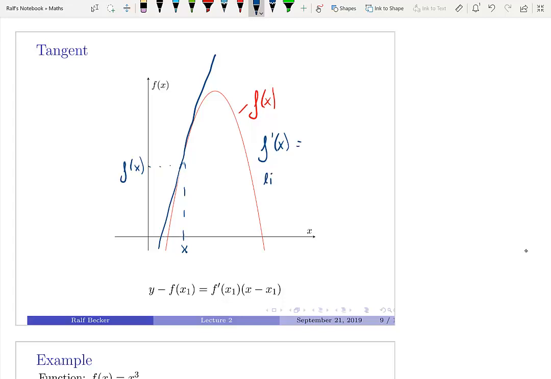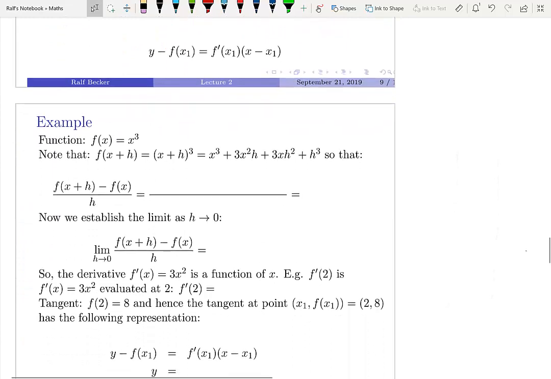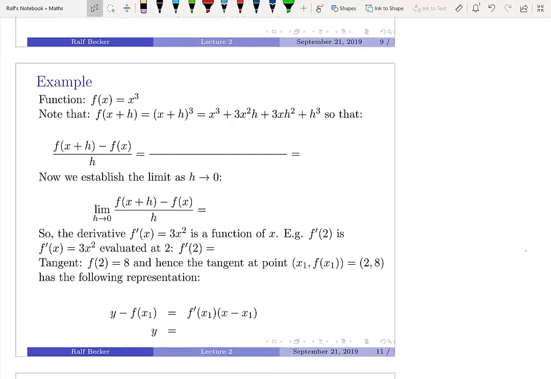The derivative itself, this tangent, is defined as the limit of f of x plus h minus f of x divided by h as that term h goes towards 0, as it becomes smaller and smaller. And you would have seen how we can go from a chord to a tangent by reducing the delta x.